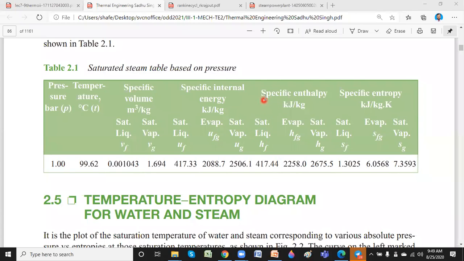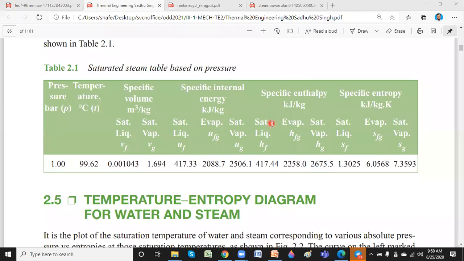Now the next one you can see here is enthalpy. What is enthalpy? I think you have studied already in thermodynamics. Enthalpy is nothing but the heat supplied at constant pressure. Heat supplied at constant pressure is called enthalpy. Yes or no? Right. Obviously, it's denoted by small h. So you have three parts here when you go for enthalpy: first column, second column, third column.